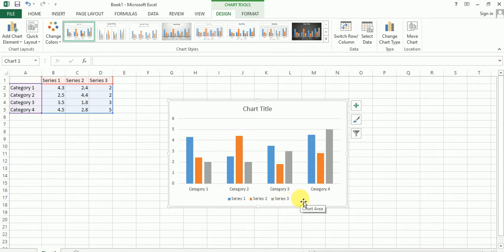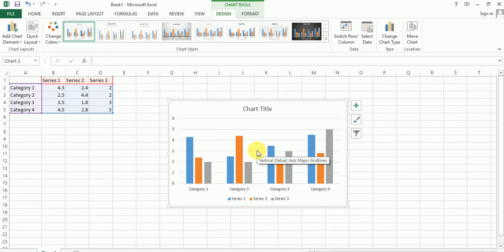Grid lines: horizontal or vertical lines on the plot area, depending upon the chart type, are known as grid lines. Next, axis title. The headings given to the x axis and y axis are known as axis titles.